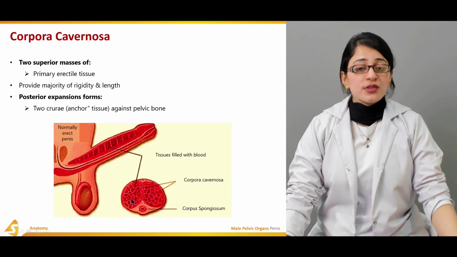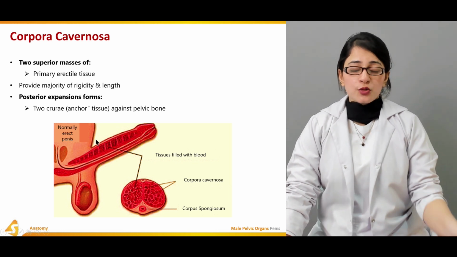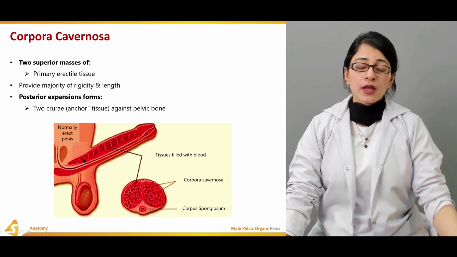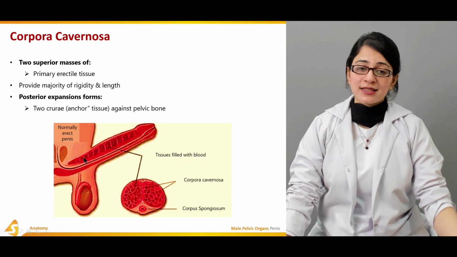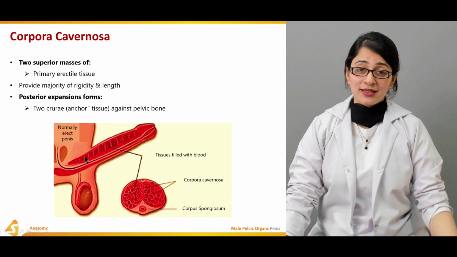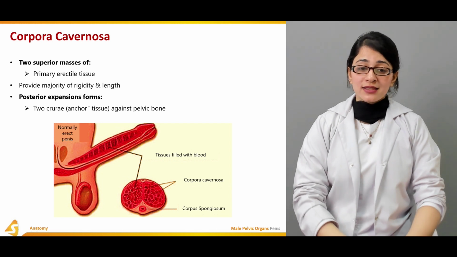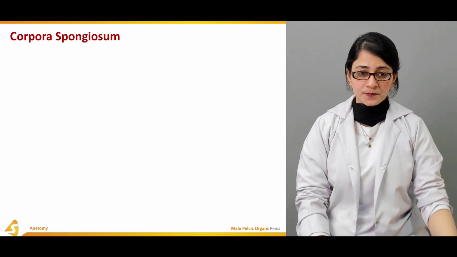These tissues are filled with blood and present throughout the length of the penis. They provide the majority of the rigidity and the length. The posterior expansions form the two crura against the pelvic bone.